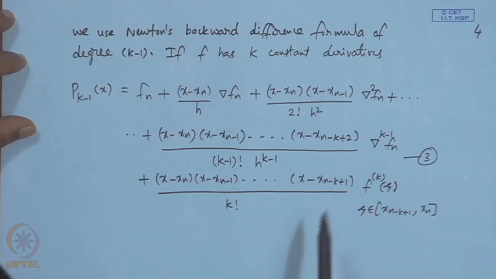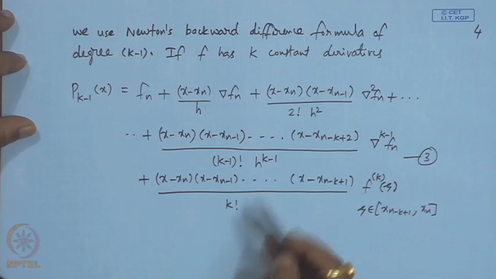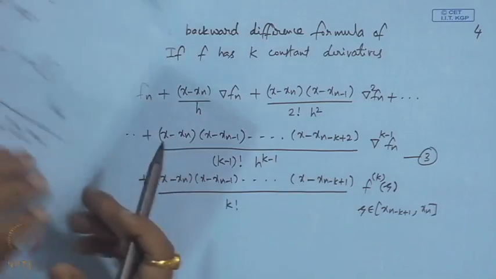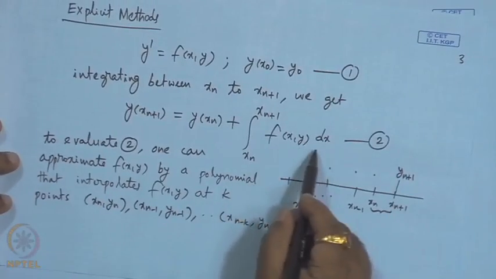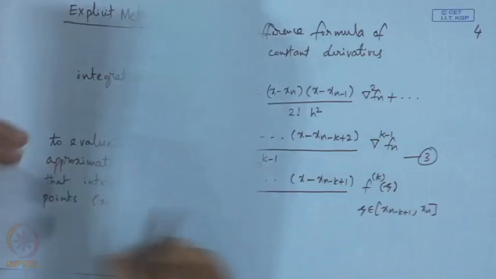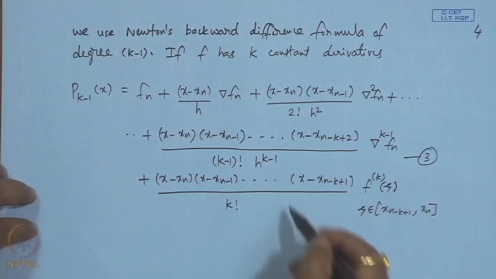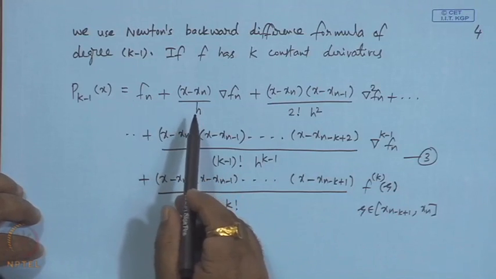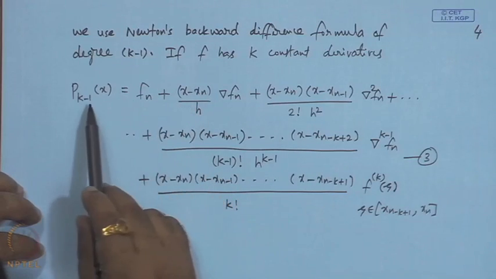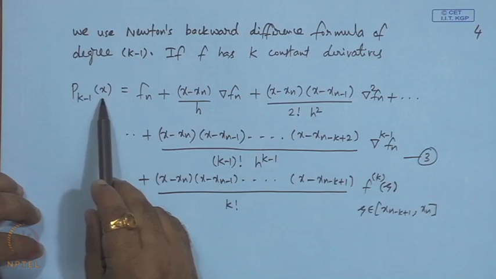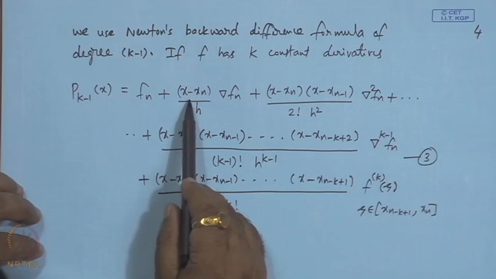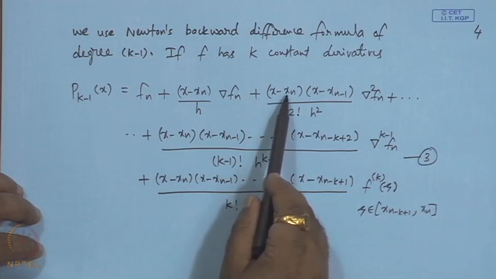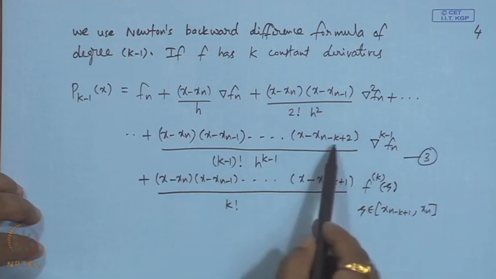Okay. So, now our task is to simplify further and substitute this in the integrand. Before we substitute, let us try to simplify this further. Note that p k minus 1 is a function of x, right. So, you have these variables x minus x n, x minus x n minus 1, so on and so forth.